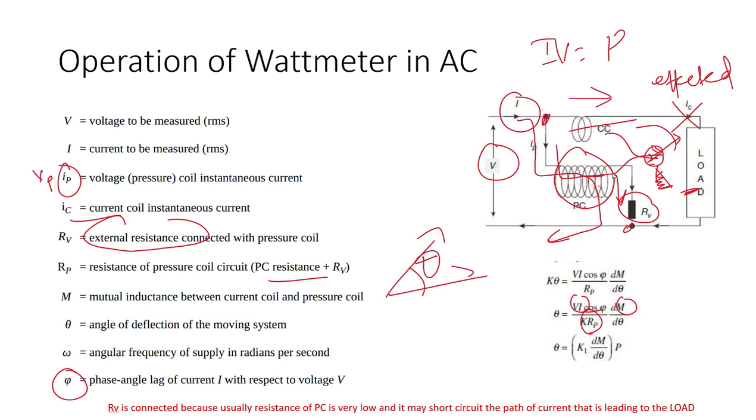So this causes the amount of voltage-based rotation to this needle, and this causes the amount of current-based rotation, and this needle rotates, and hence we see a deflection theta, which is then calculated and rated.